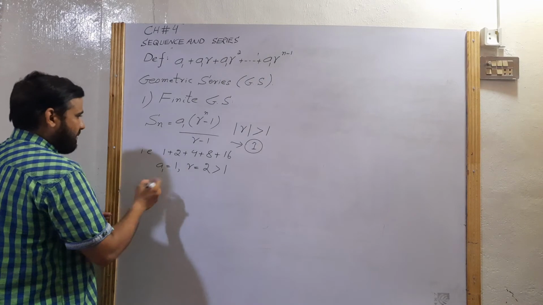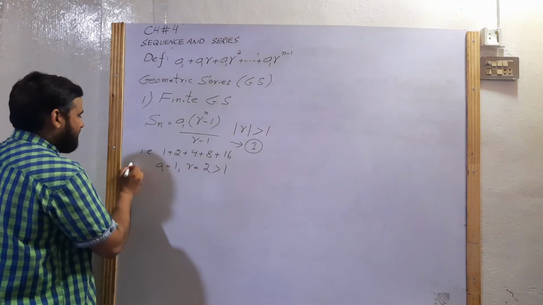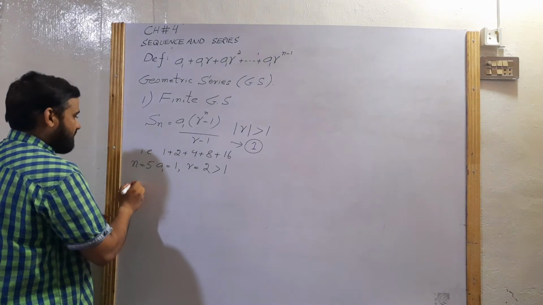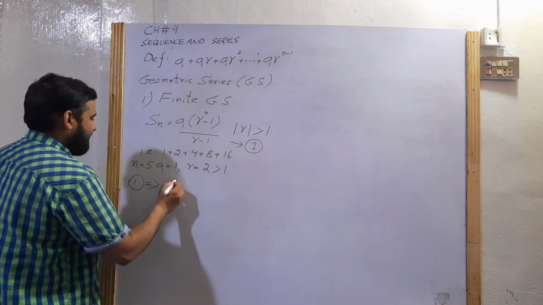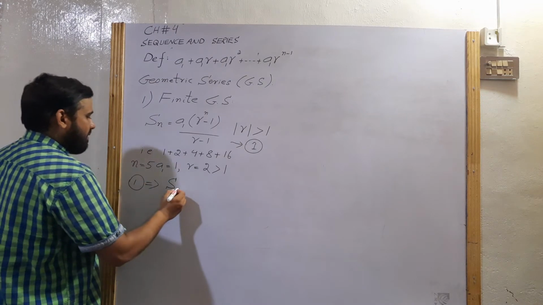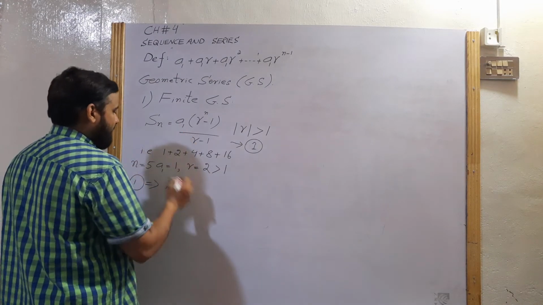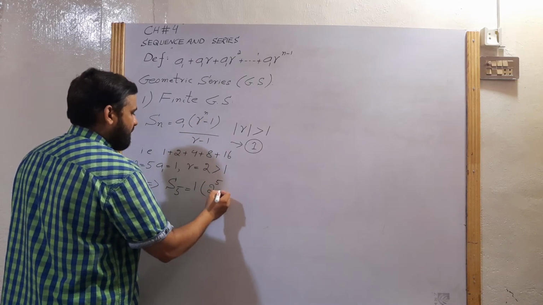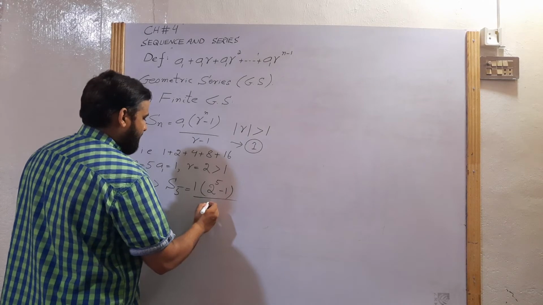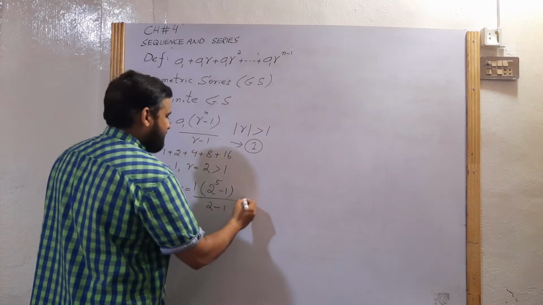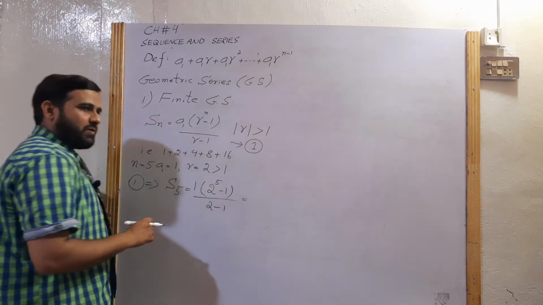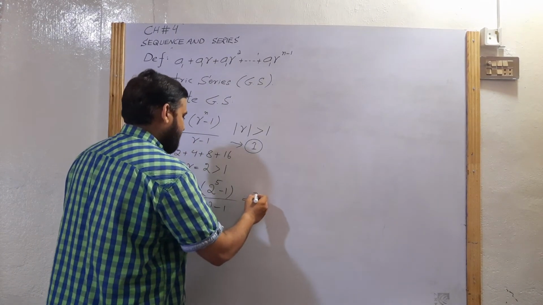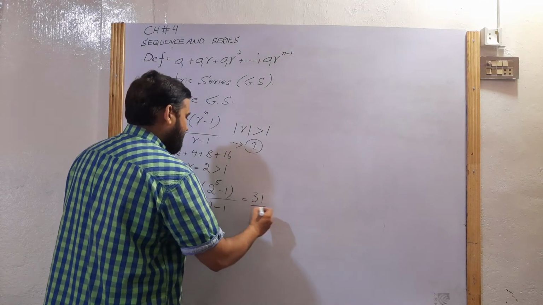How? For example, how many terms are there in this case? The number of terms is 5. So replace in formula number 1: n by 5, a1 is 1, r is 2, so 2 raised to power 5 minus 1, divided by 2 minus 1. 2 raised to power 5 is 32, 32 minus 1 is 31, divided by 1.